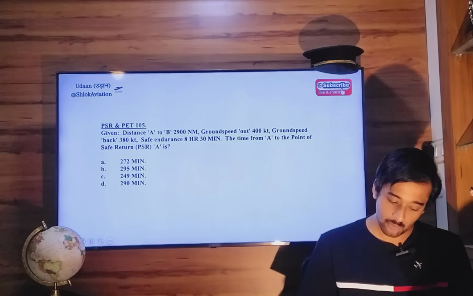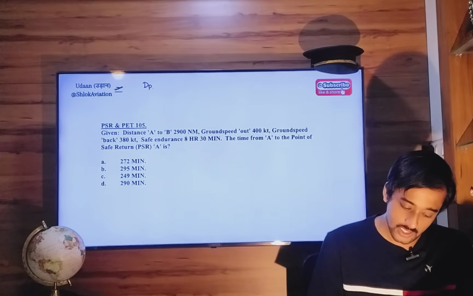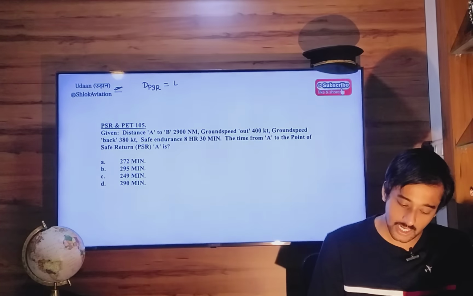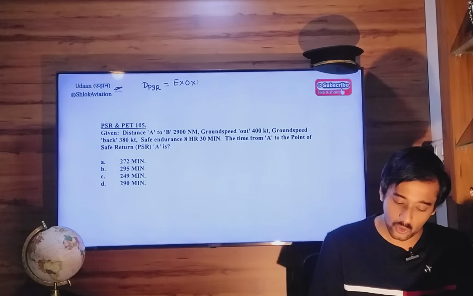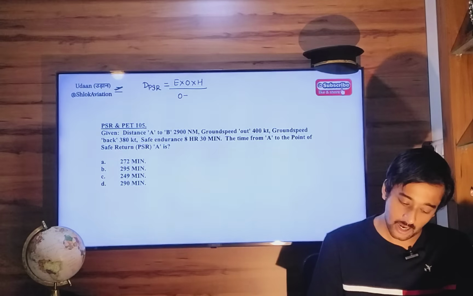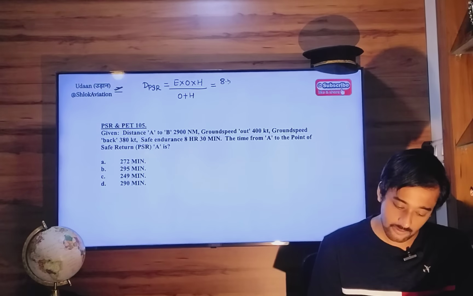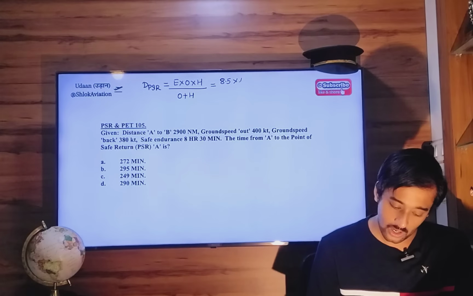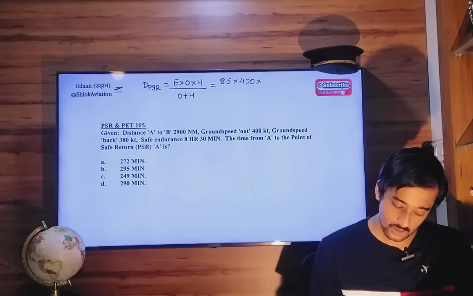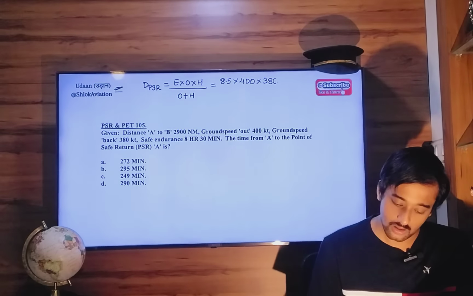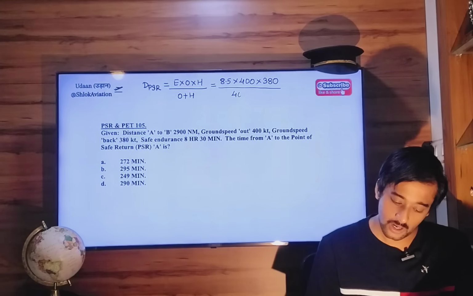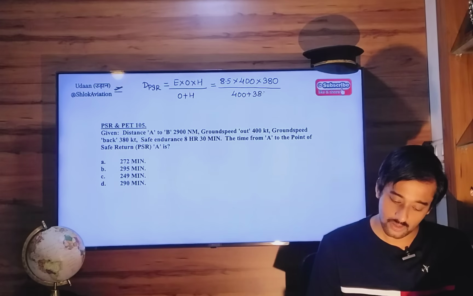Next, 105. What is the time to the point of safe return? So distance to the point of safe return is endurance into outbound into homebound divided by outbound plus homebound. 8.5 into 400 into 380 divided by 400 plus 380.